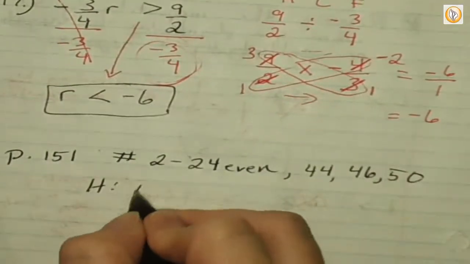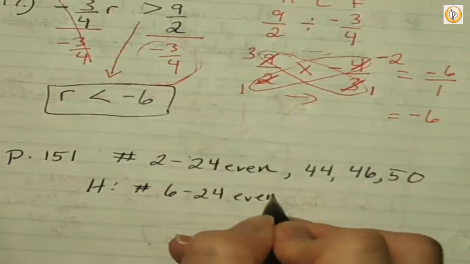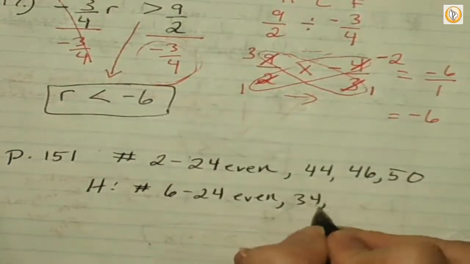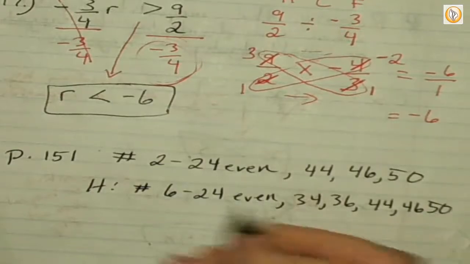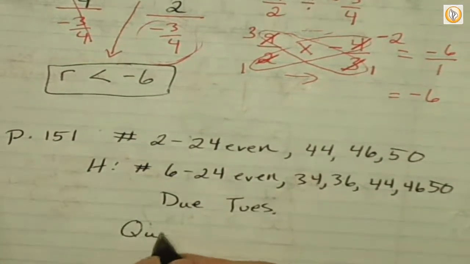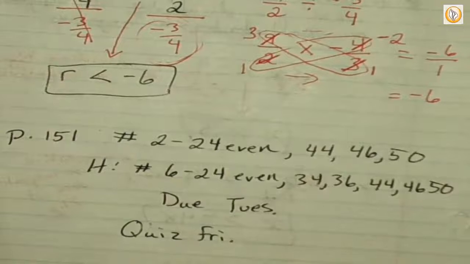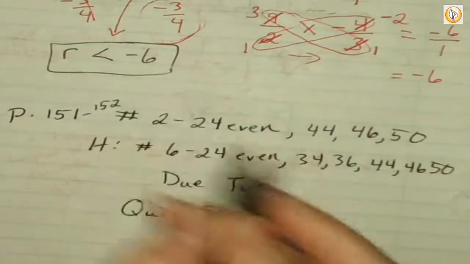Honors, you're doing 6 through 24 even, 34, 36, and 44, 46, and 50. This is due Tuesday. I'm planning a quiz on Friday. I am not 100% sure that it will happen, but prepare as if it will, okay? And this actually is 151 to 152.